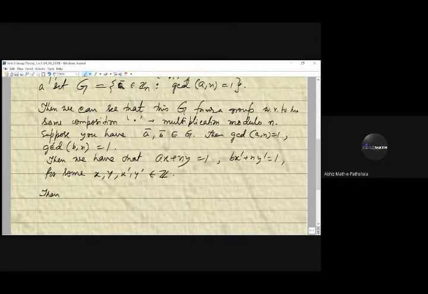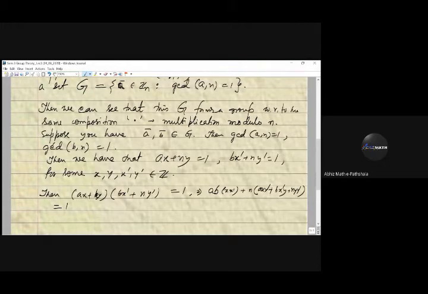Then just multiplying these two equations on each side, we get ab xx dash plus n into (a x y dash plus b x dash y plus n y dash) equal to 1.